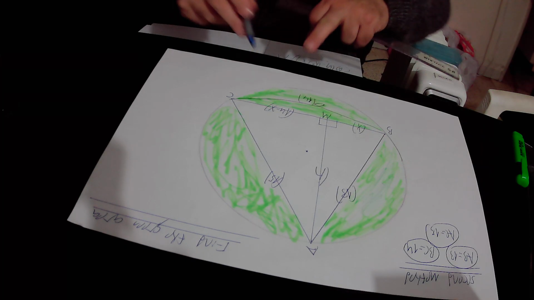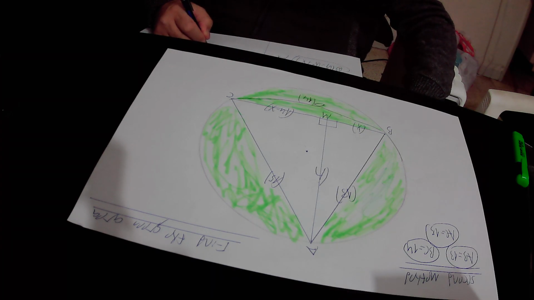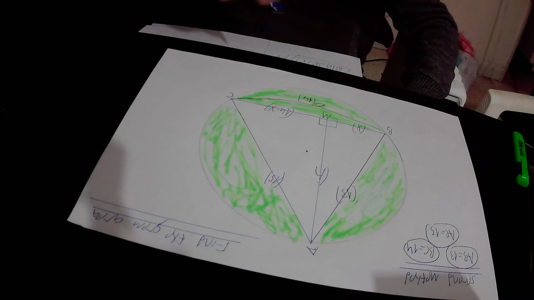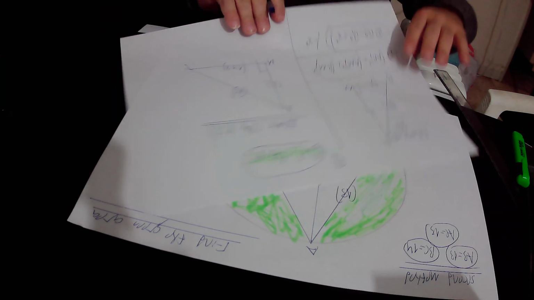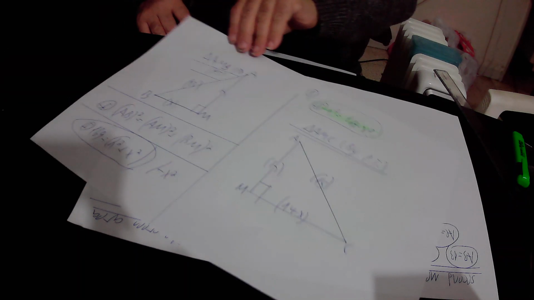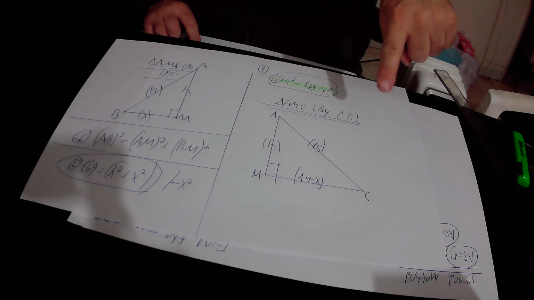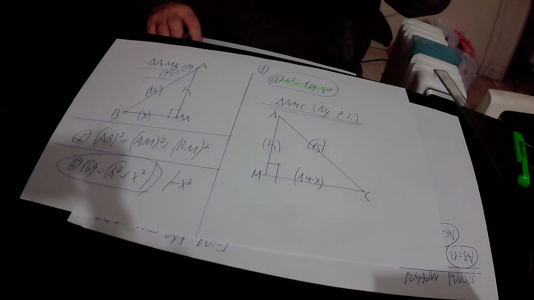Side MC equals 14 minus X. The hypotenuse AC equals 15 units. So actually, this is the right triangle AMC that I copied from the original drawing.